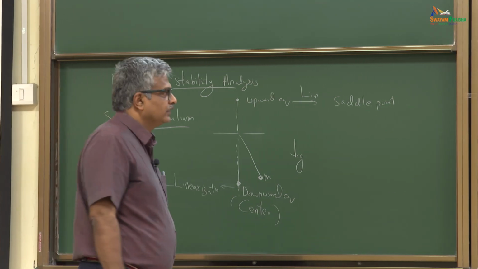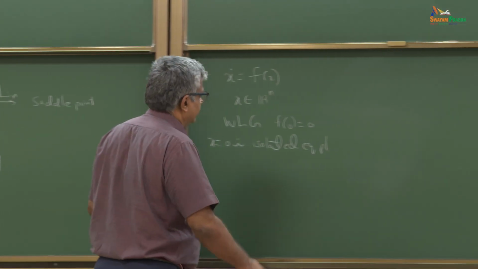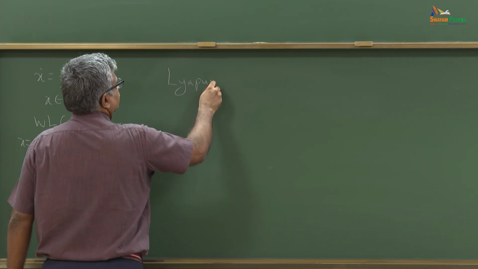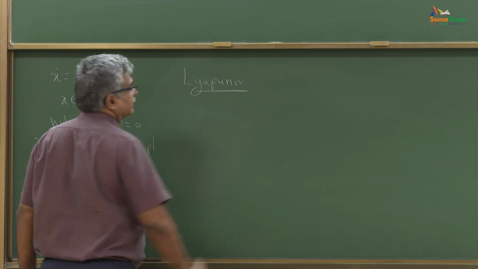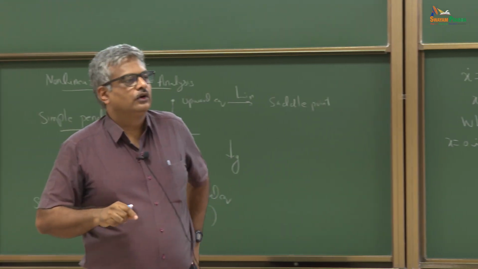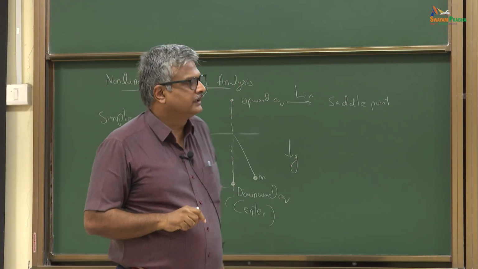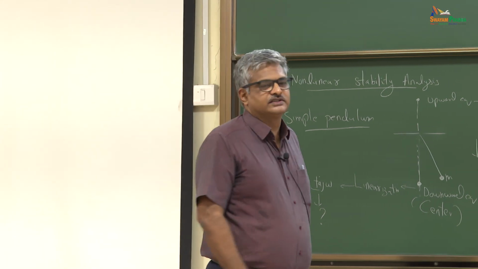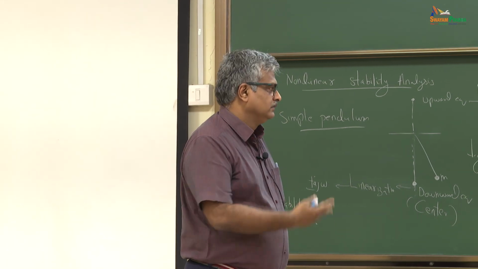And this is where the work of Lyapunov comes into the picture, right? He was a Russian mathematician who was studying the stability of orbital motion, right? And then he came up with a method of analyzing the stability of a nonlinear system.